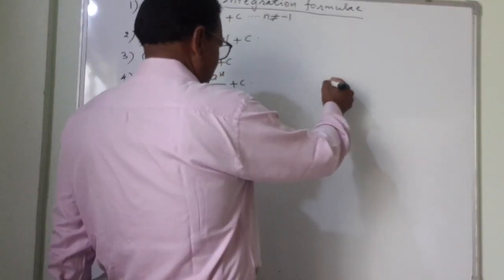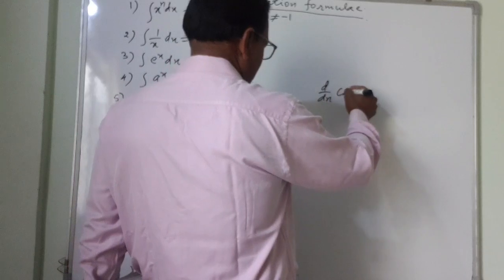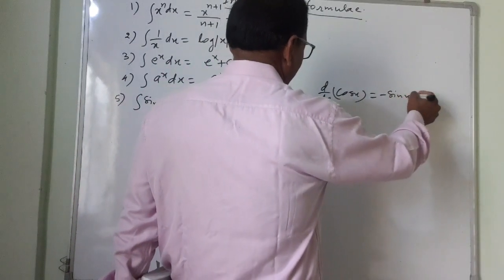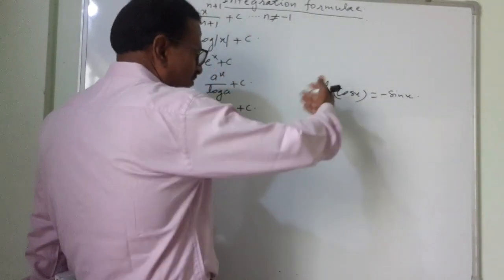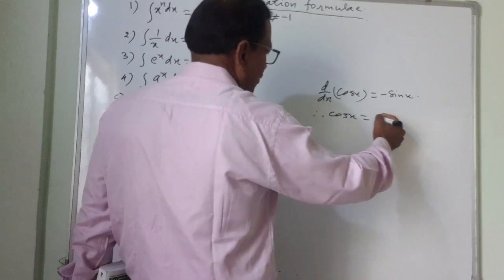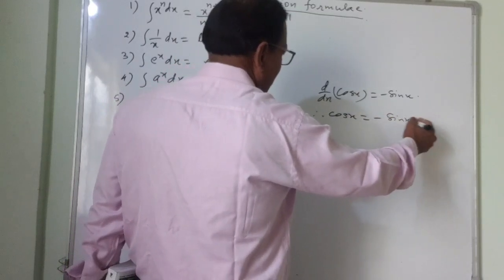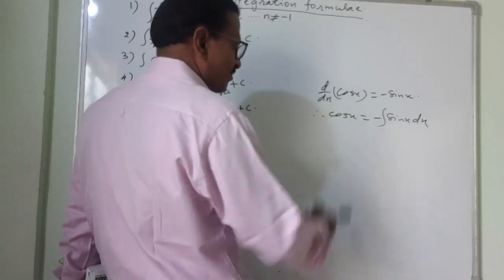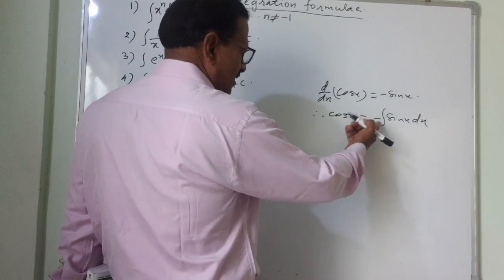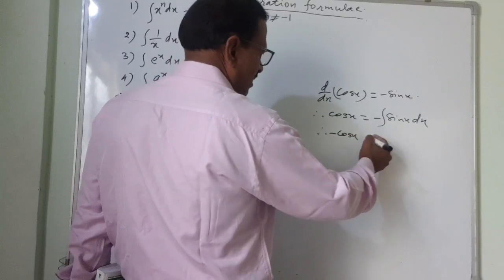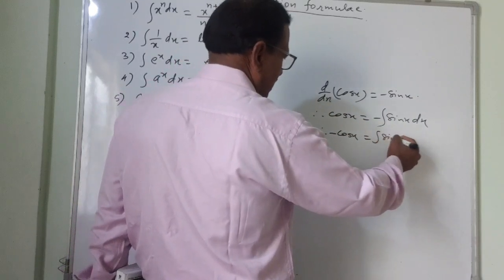If I see d by dx of cos x is equal to minus sin x, therefore I take the dx there. Therefore cos x is equal to minus sin x dx. This dx means integration, and some constant is also there. Bring this sign here. Therefore minus of cos x is equal to integration sin x dx.